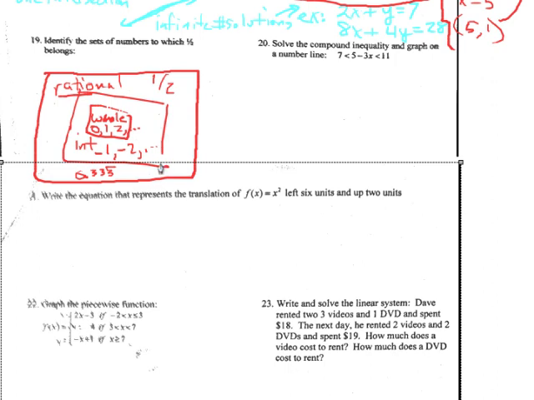I don't know if I forgot any, but I guess there are natural numbers too. Natural numbers are 1, 2, 3. I didn't include those in this picture, but 1/2, which I just listed right there, is a rational number. And it's a real number also. It has no imaginary component.